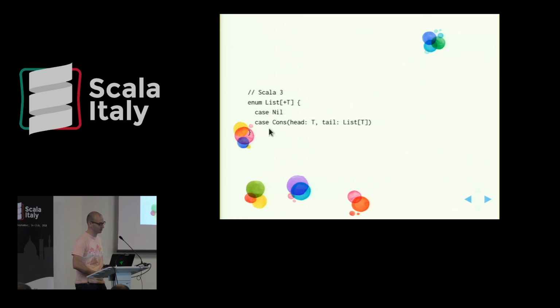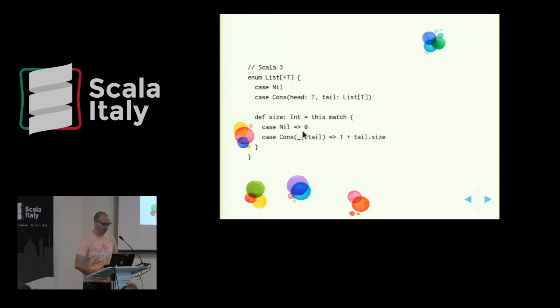Possibly the only criticism you could ever have is that case is written twice, but I don't see that as a huge problem. We can even add a method on there. So that method size can be defined for both nil and cons. Because we're not defining it on the subtypes themselves, like nil and cons, we define it in terms of pattern matching.